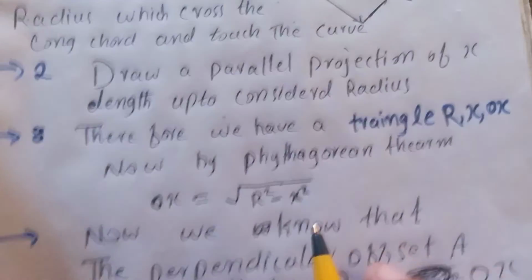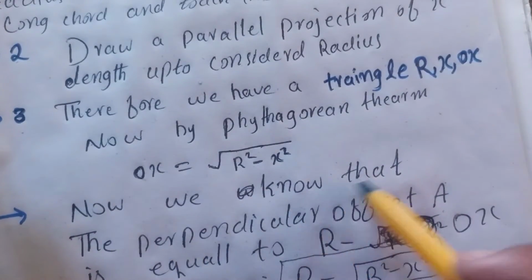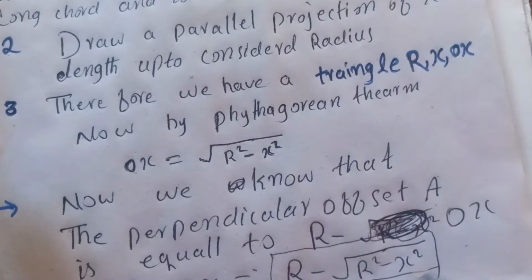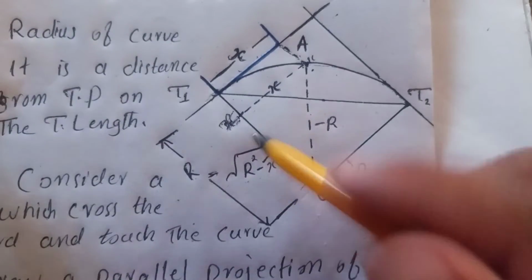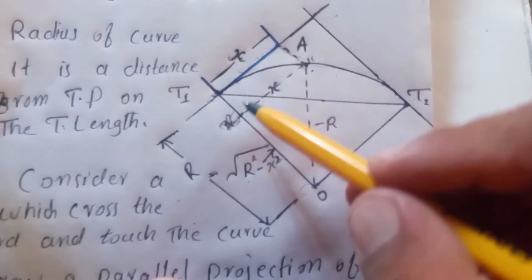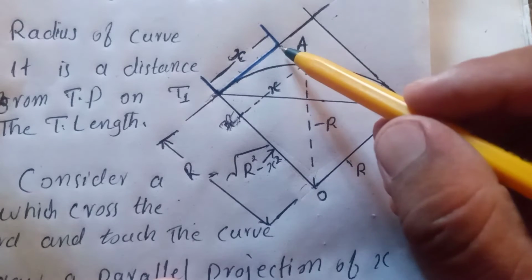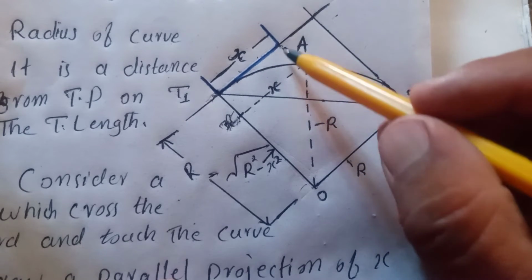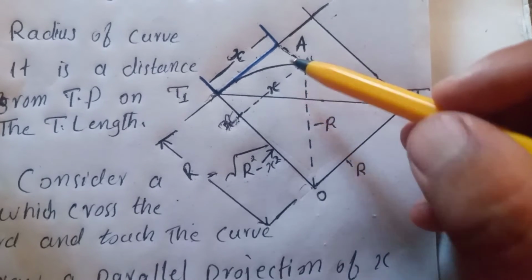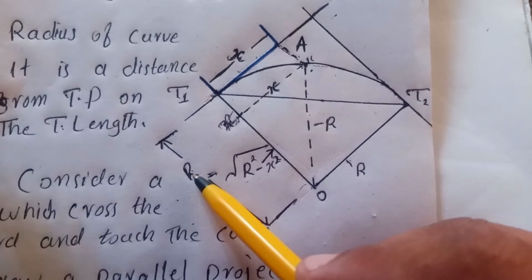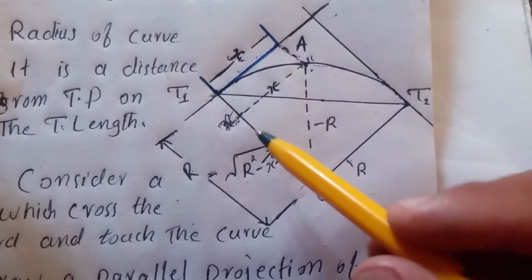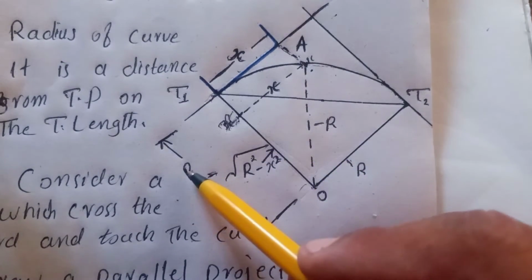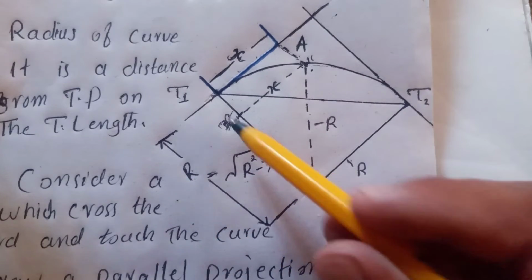And now we know that the perpendicular offset A is equal to r minus Ox. This is the perpendicular offset which is exactly 90 degrees to this tangent line. It means that this perpendicular offset can be found from the total radius minus this distance Ox.